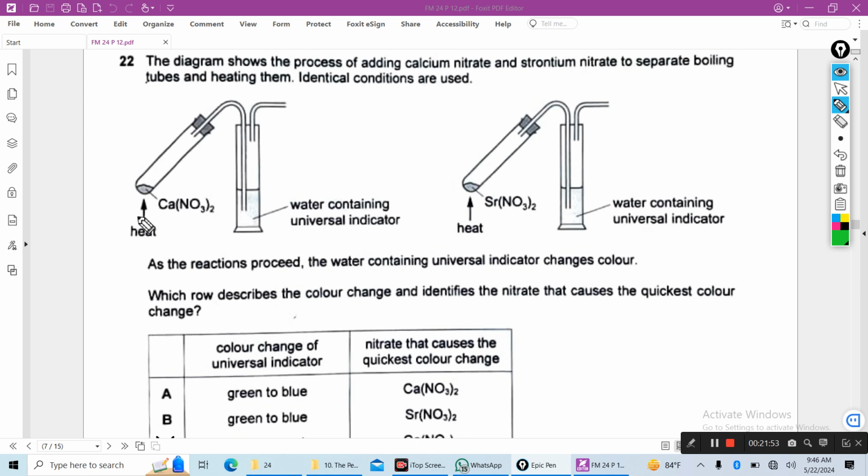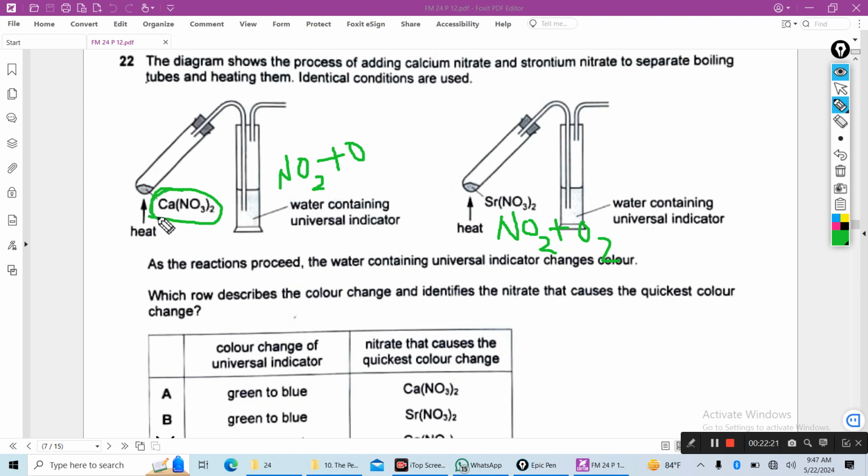You know, calcium nitrate produces calcium oxide, nitrogen dioxide, and oxygen. Strontium nitrate also produces nitrogen dioxide, an acidic gas, and oxygen. But calcium nitrate decomposes more quickly because down the group, thermal stability increases.